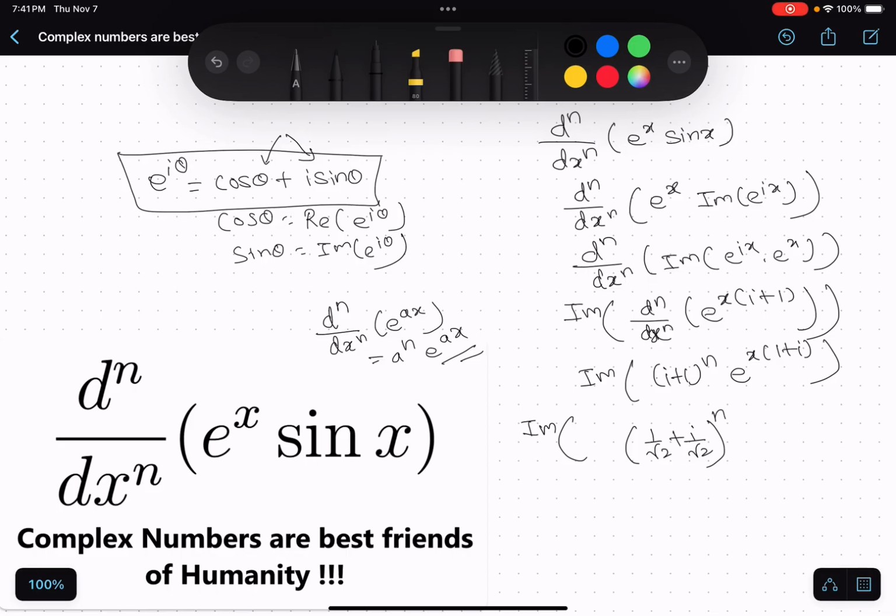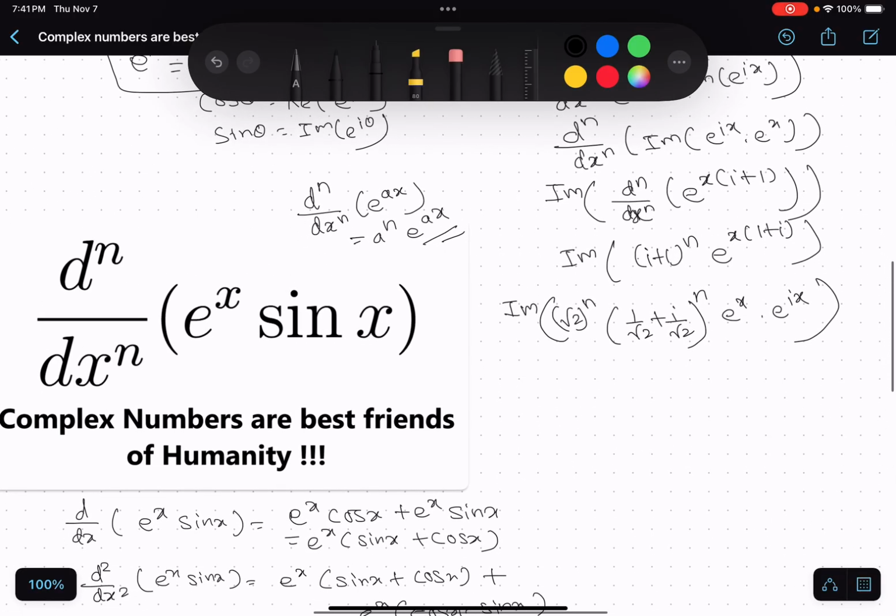And so I also need to introduce 2 to the power n over here, right? And this is e to the power x times e to the power ix. I'm just trying to separate the real and imaginary things. So the imaginary part of this is root 2 to the power n times cos pi by 4 plus i sin pi by 4, to the power n, e to the power x, e to the power ix, right?